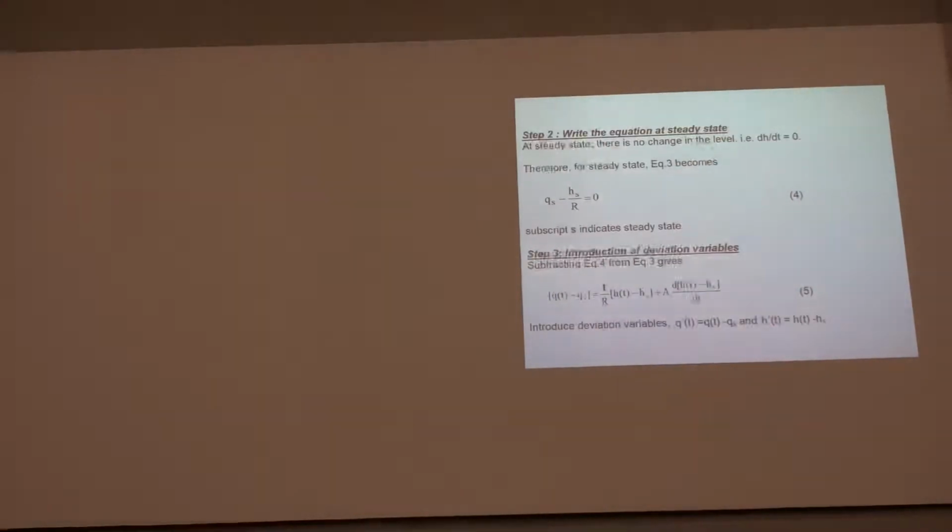But I can improve it more by comparing it to a steady state condition, so I need to introduce a steady state condition. So let's say incoming and outgoing become the same. The water level in the tank will stabilize at one level, and that is the steady state condition. So if I introduce a steady state condition, I know that there will be no change in my water level in the tank, where in and out are the same.